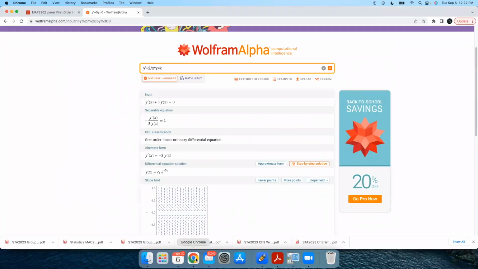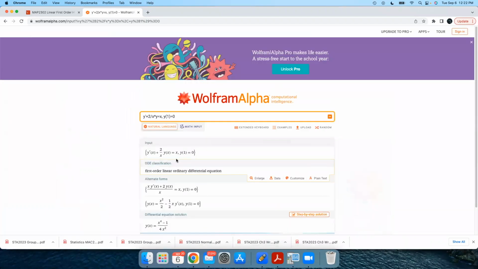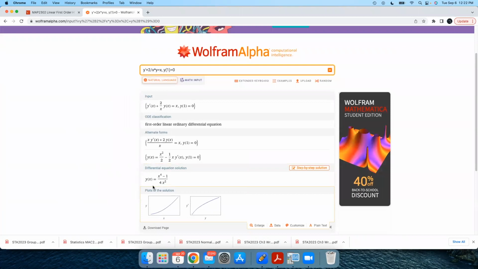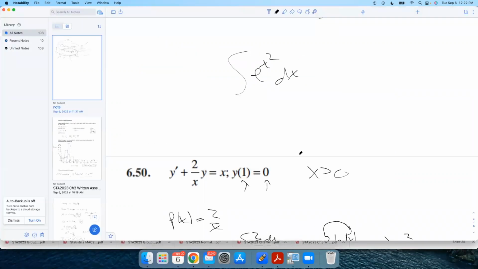So to put in the initial value condition, I just put a comma. Y of 1 equals 0. And there's my solution. It's the same thing I got. Now it looks a little different, like we'd have to simplify this a little bit and check, but it's the same solution. So to get credit on the test, you have to show all the work.